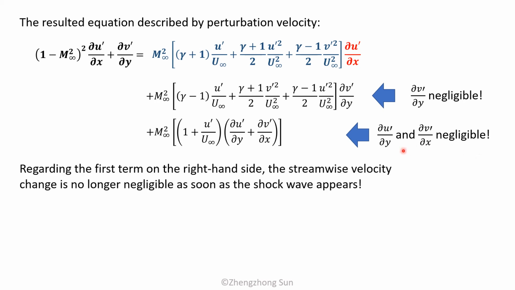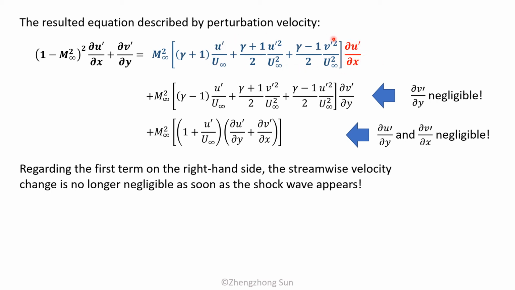Okay, so now let's move to the most important one, that first term. Regarding the first term on the right-hand side, the streamwise velocity change is no longer negligible. Why is it no longer negligible? As soon as the shockwave appears. This is because, let's see, partial u prime, partial x, I highlighted these words.